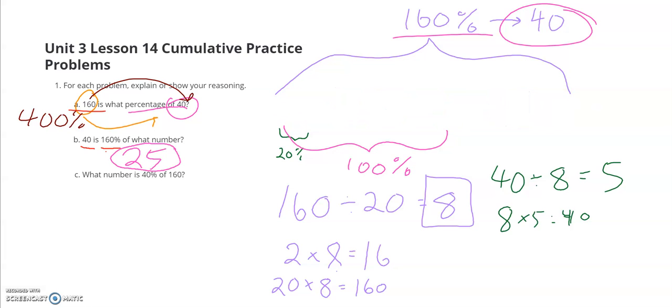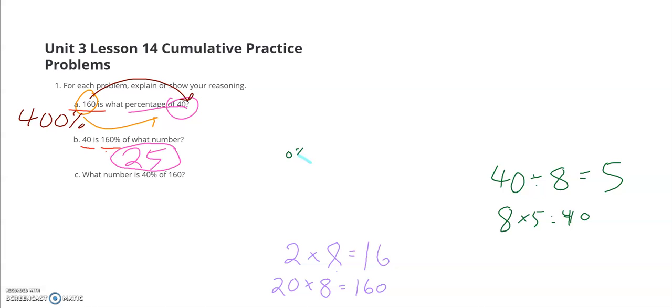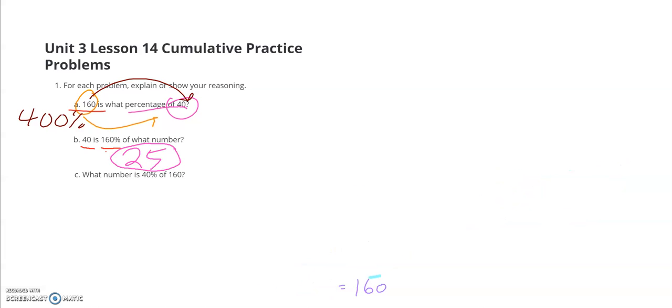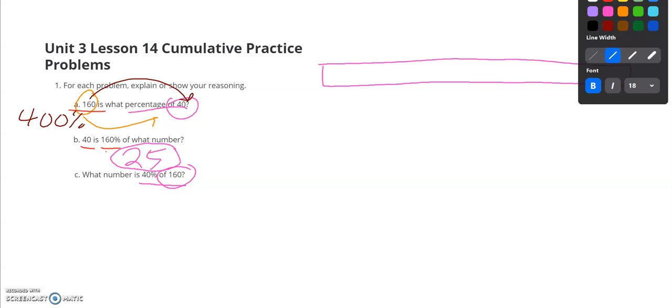All right, make some more space. Last but not least, what number is 40% of 160? 40% of 160. Remember that of 160 means 160 is our 100%.